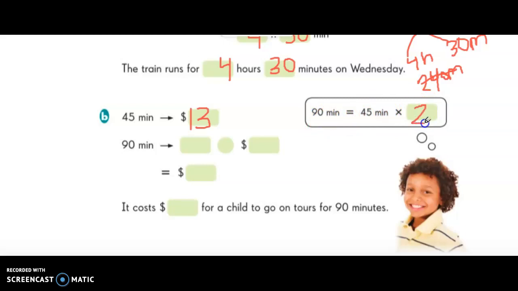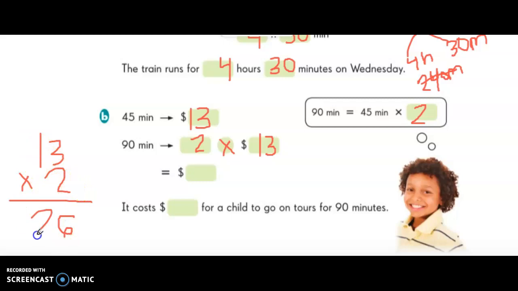And that is if we double it, so times it by 2. So we're going to take 2 times $13. So again, do our multiplication on the side to refresh our memories. So multiply our ones, 3 times 2 to get 6, and then multiply what's in our tens. 1 times 2 is 2. So it costs $26.